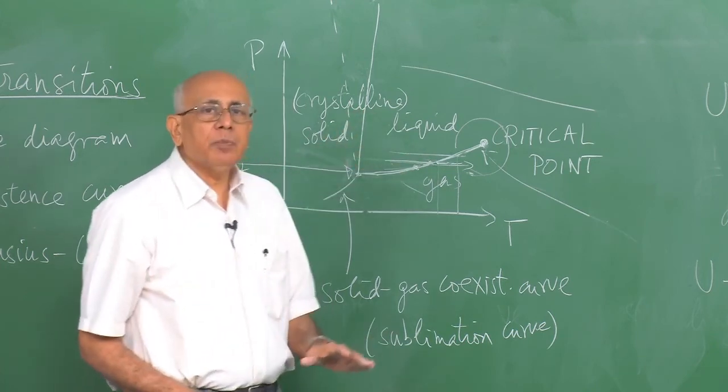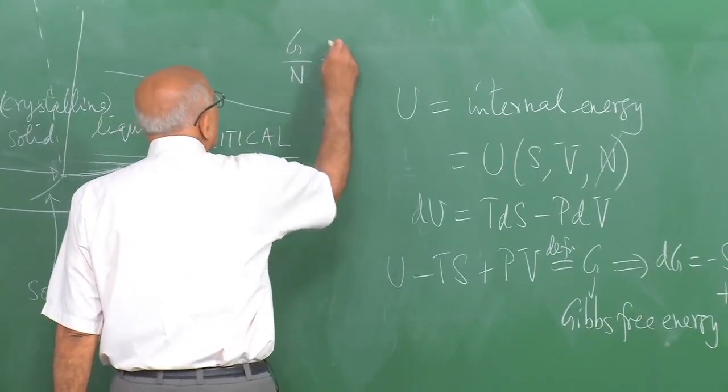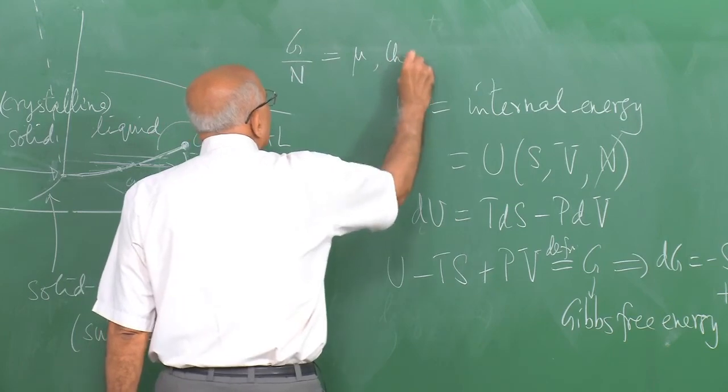The Gibbs free energy per particle, G over N, is equal to the chemical potential.